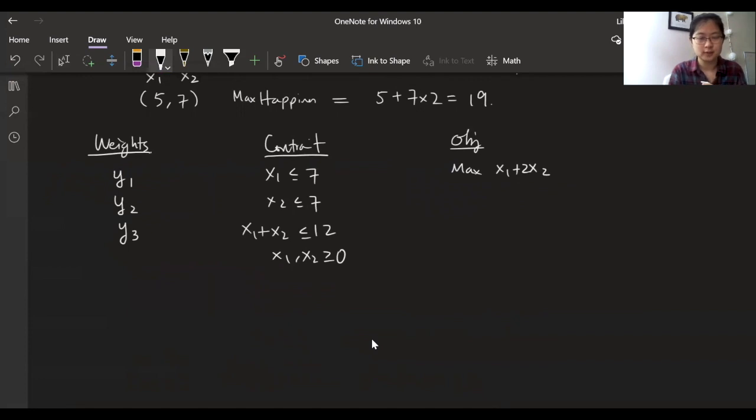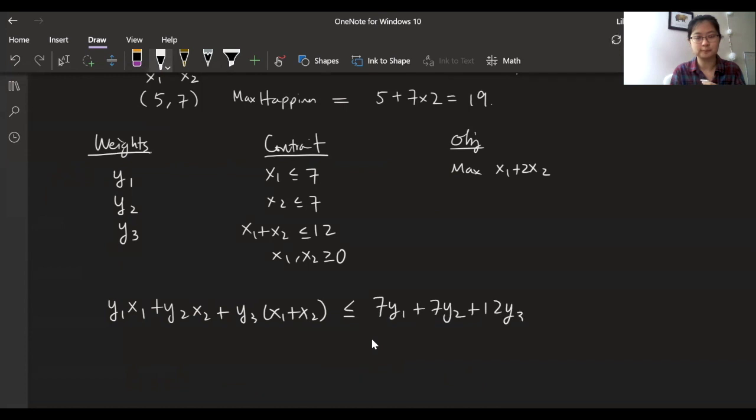All right. So if we scale these, we'll be able to write the following equation as we did before, where you take y1 times x1 on the left side, plus y2 times x2, plus y3 times the sum of x1 and x2. On the right side, you still keep the smaller or equal sign, and you get 7y1, 7y2, and 12y3.